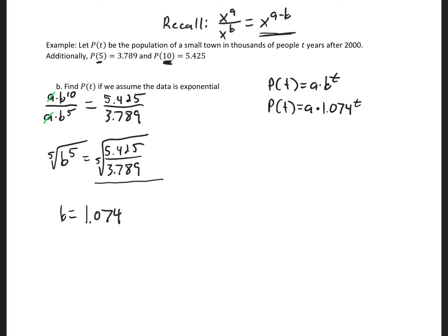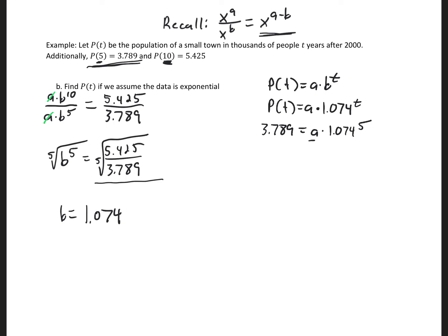So we're almost there, but we want to work backwards much like we did in the past to find a, the initial value. So I'm going to use one of these points. So I'm going to pick P of 5 equals 3.789. That means the output is 3.789 when the input, t, is 5. So now we can compute a.